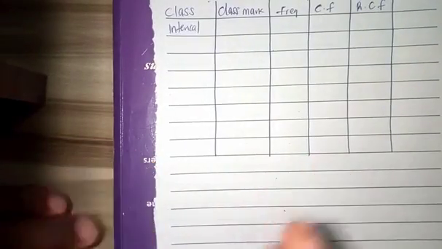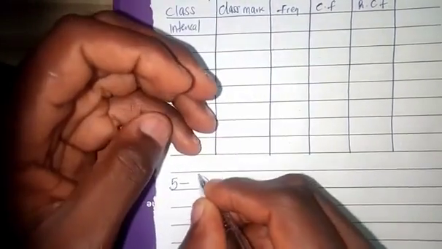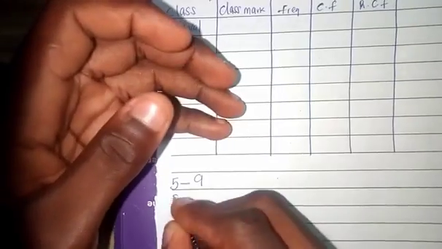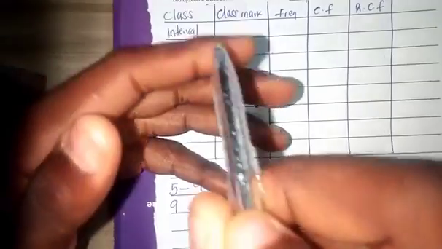So we start from 5 to, if you count 5, 6, 7, 8, 9, that is a width of 5. So from 5 to 9, then 9, 10, 11, 12, 13.